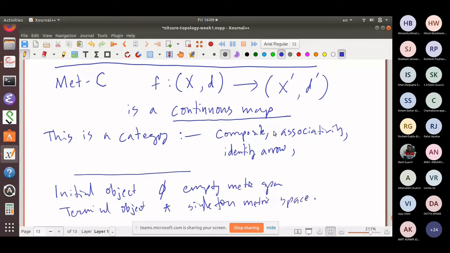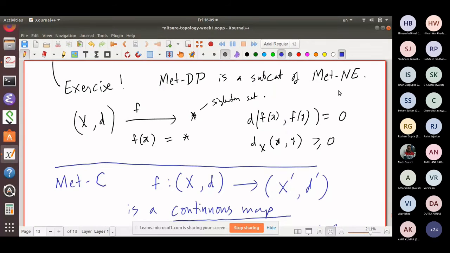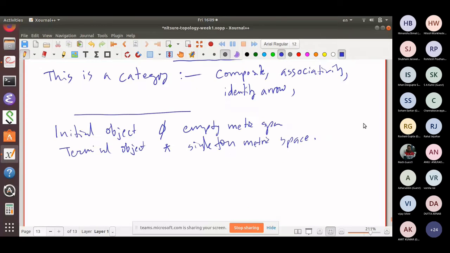So tell me, are non-expanding maps continuous? Yes, they are. Every non-expanding map is continuous.